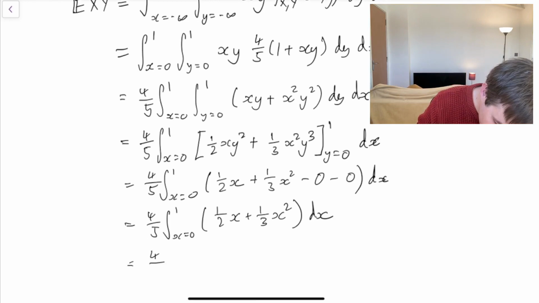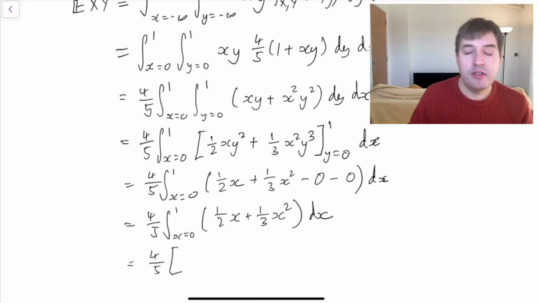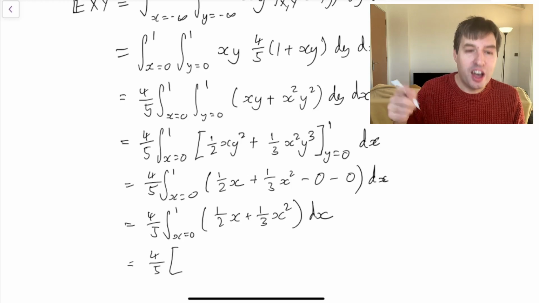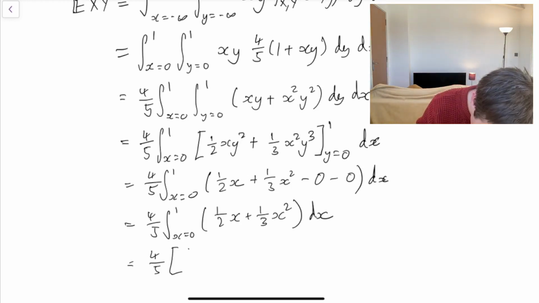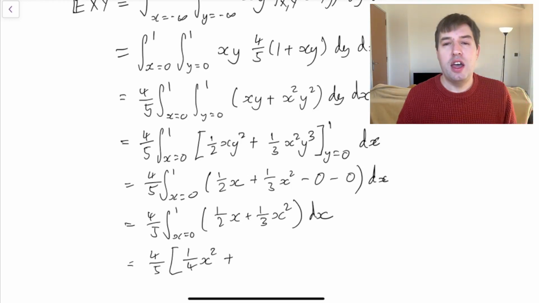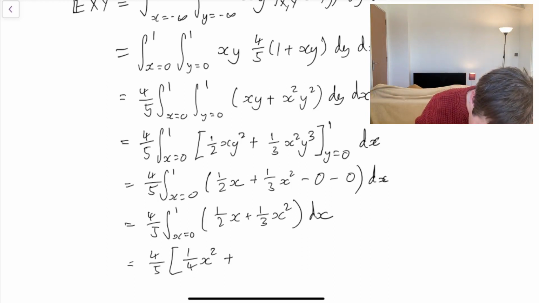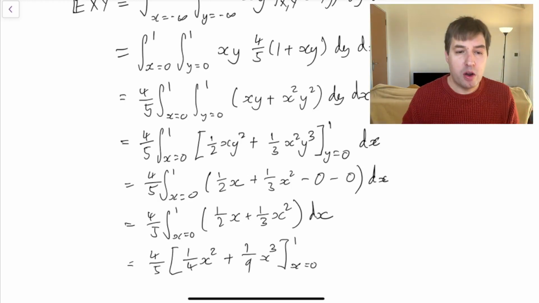I've still got 4/5. Half x, when I integrate it, becomes a half times a half x squared, so that's a quarter x squared. A third x squared will become a third times a third x cubed, so that will be 1/9 x cubed. And I have to evaluate that between x equals 0 and 1.